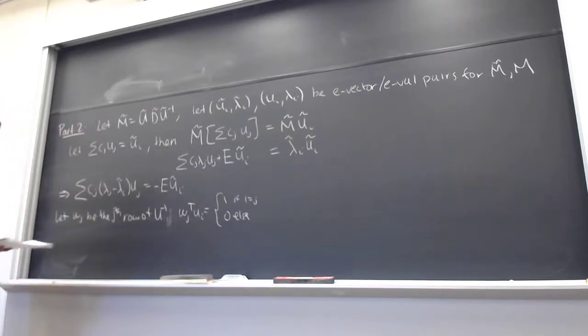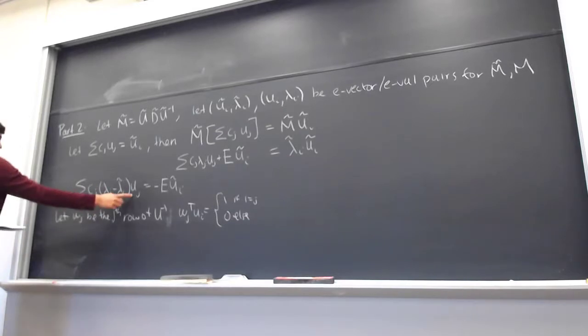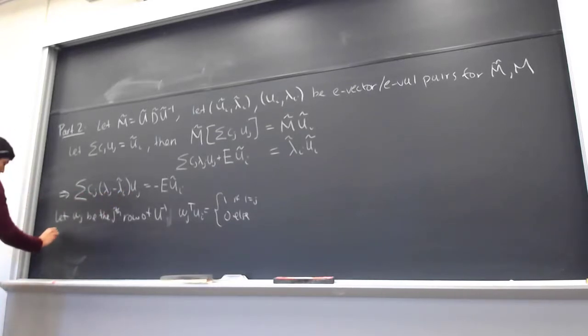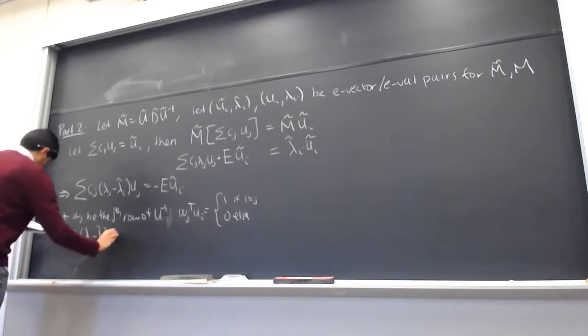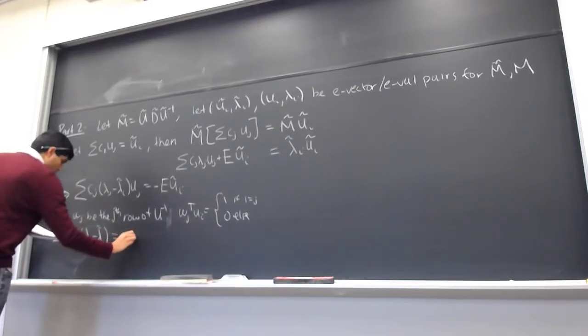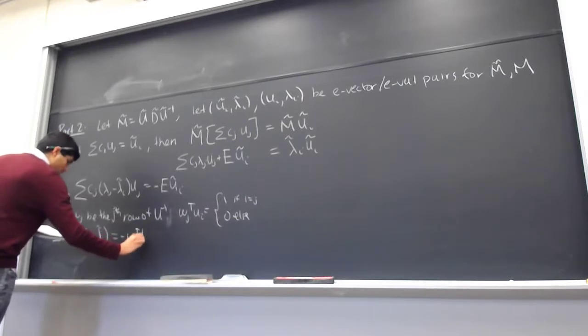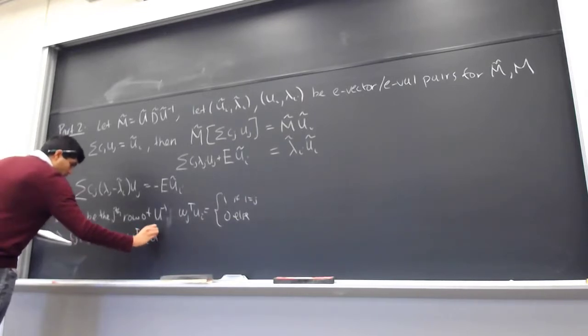So this helps us, because if we left multiply this entire thing by WJ, we're going to kill all but the UJ term right here. So we end up with CJ times lambda J minus lambda I tilde equals minus WJ transpose E U tilde I.